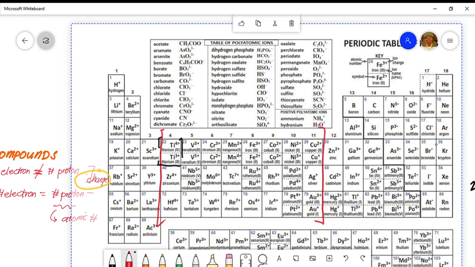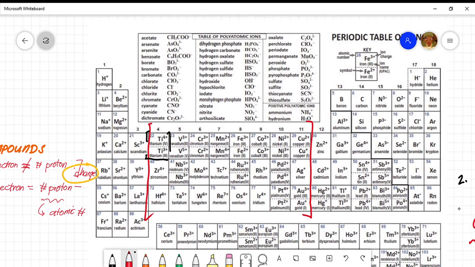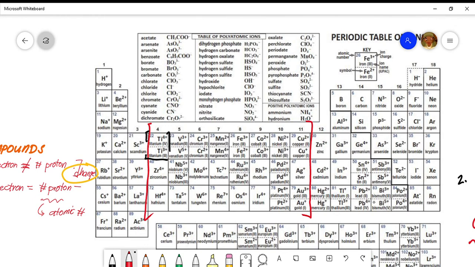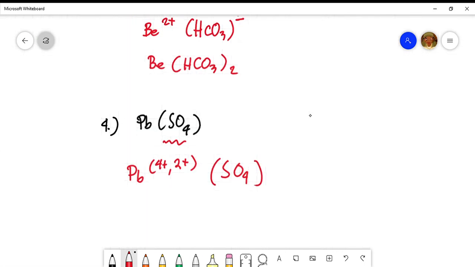And if we can confirm, the lead can have positive 4 or positive 2 charge here. So sulfate actually has a 2 minus charge.